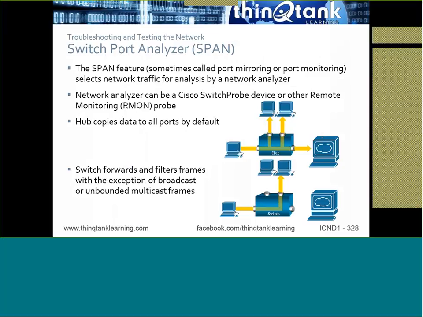We already talked about this concept of SPAN. We'll talk about it again. Everybody seemed to be really interested in it. The SPAN feature, called port mirroring, allows me to essentially tell the device what to copy. In a hub, we don't have to worry about it, because anything that goes in one interface gets sent out of every other interface. But on a switch, as the switch learns, that information only gets sent from device to device.